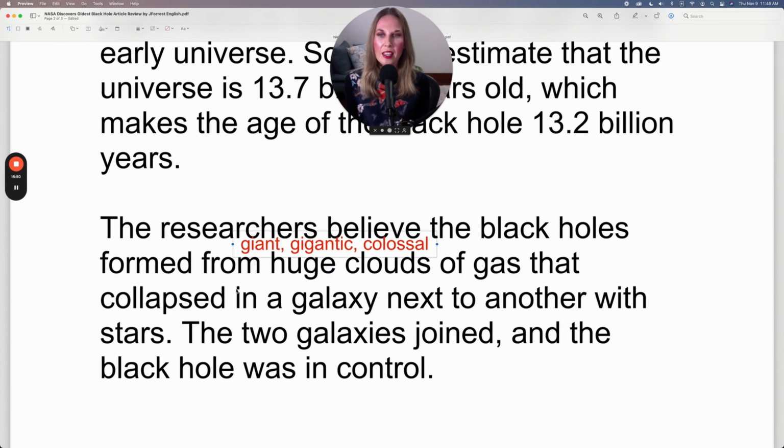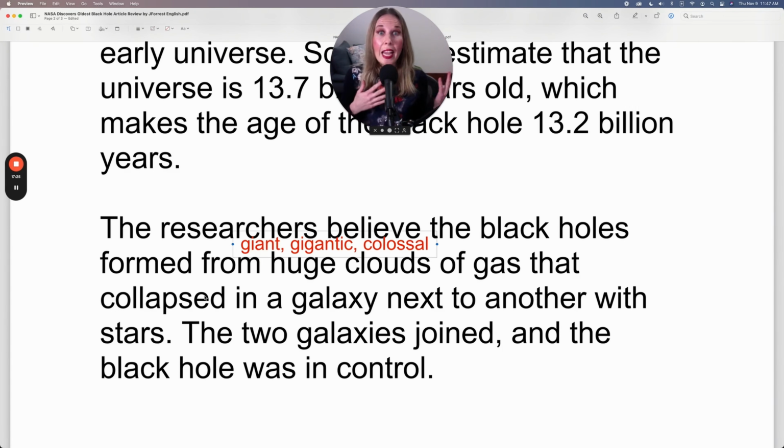clouds of gas that collapsed. So when something collapses, it means it goes from an upright position into a down position. So let's take a house. You have a solid house, but then if that house falls and everything is in one single layer, you would say the house collapsed. That would be very unlikely to happen, but a roof could collapse, and that is more possible.